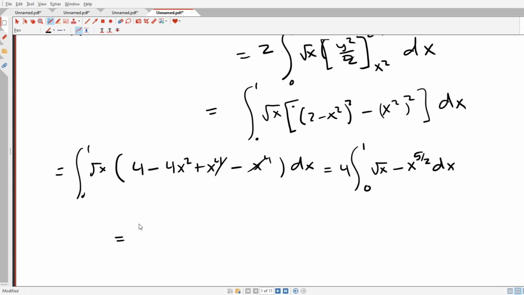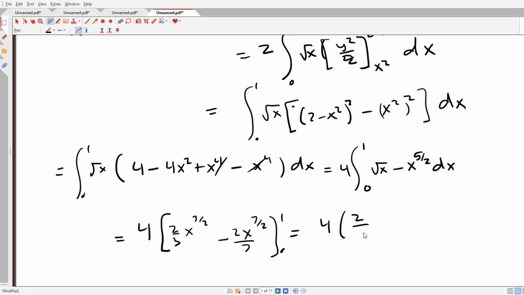So then we integrate this. We have 4 times, that's going to be x to the 3 halves times 2/3 minus x to the 7 halves times 2 over 7 from 0 to 1, which gives me 4 times 2 over 3 minus 2 over 7.